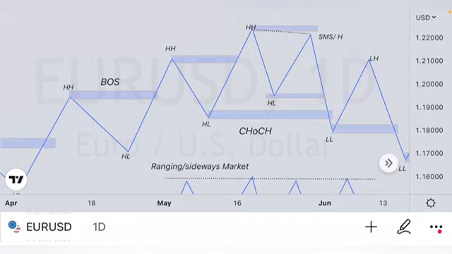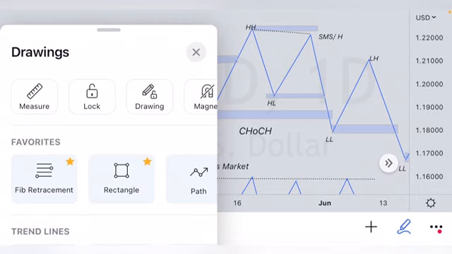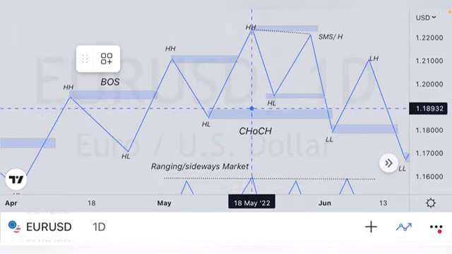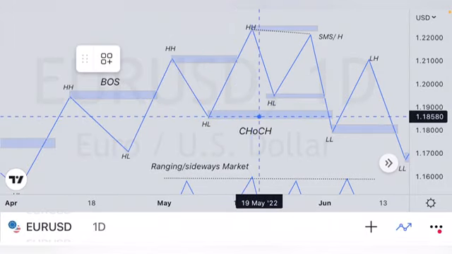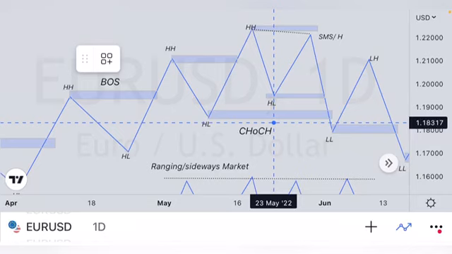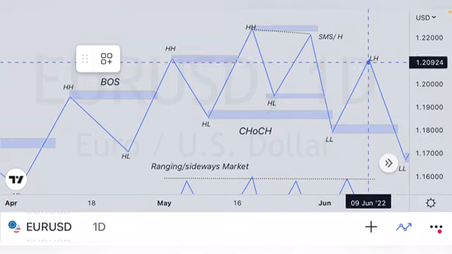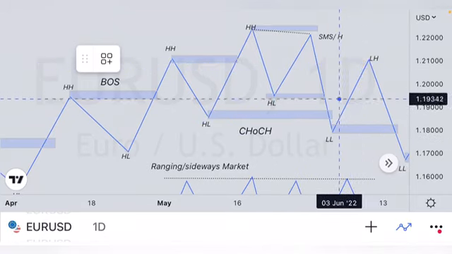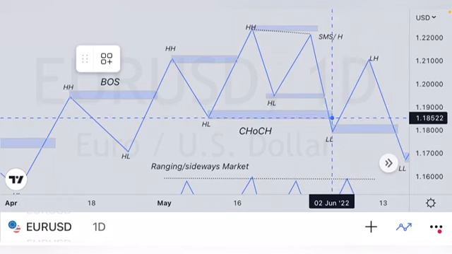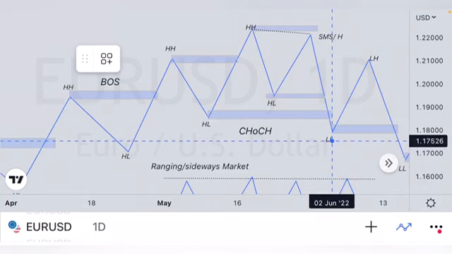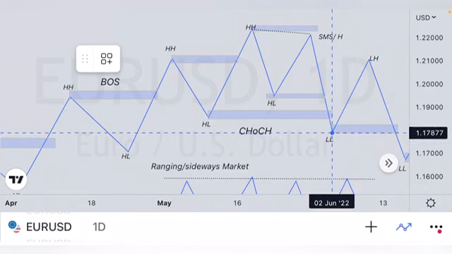Change of character is what gives you an intent of reversal or continuation in our setup, which I'm about to teach you.